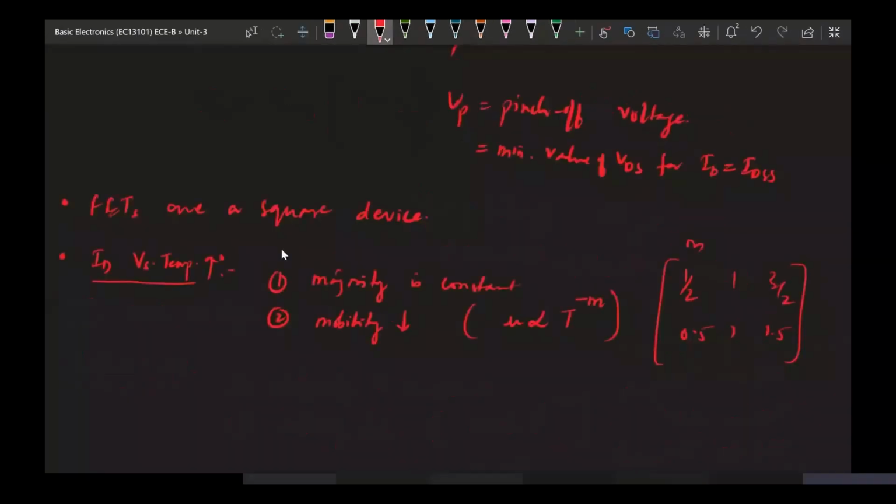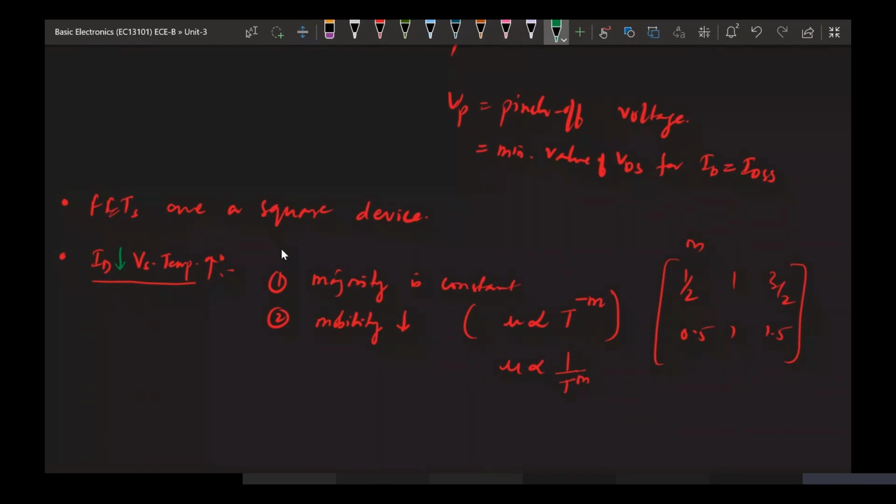So this is how the m value is dependent on the material that is used for fabricating a semiconductor device. In one sense we can say mu is inversely proportional to T to the power m, because it is minus m. As we increase the temperature, the mobility will decrease, and as mobility decreases, the current will also decrease. So if temperature increases, the current ID will decrease.